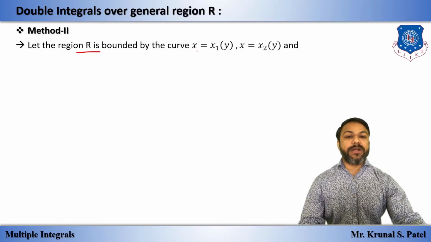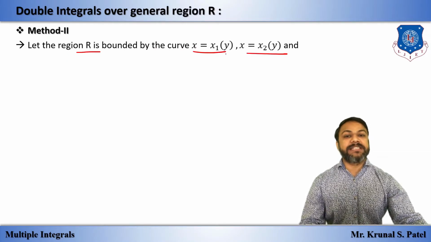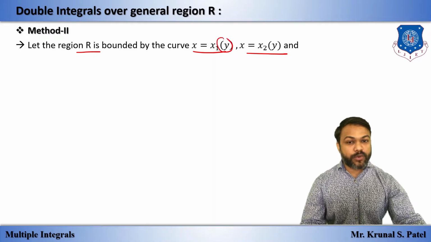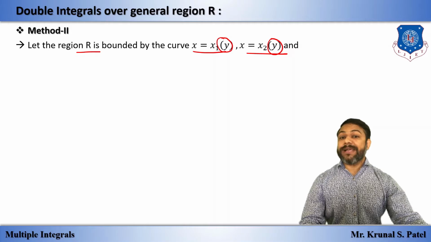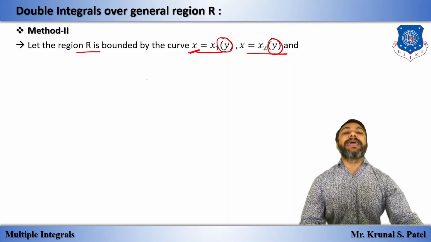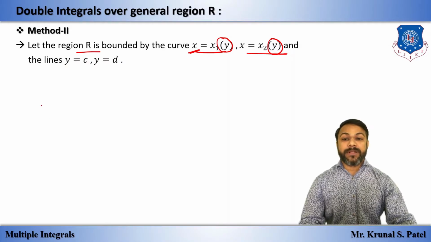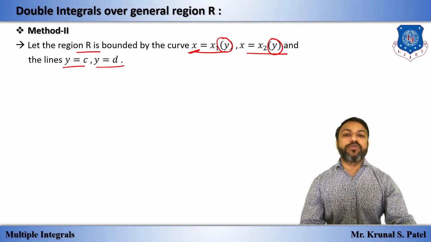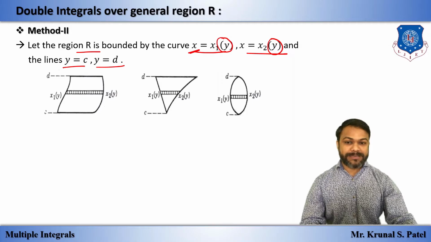Let R be bounded by these two curves, x is equal to x1 of y, as I told, in the form of y. In the form of y, that means the limit of x. And we have the line y is equal to c to y is equal to d, which is given by this curve.